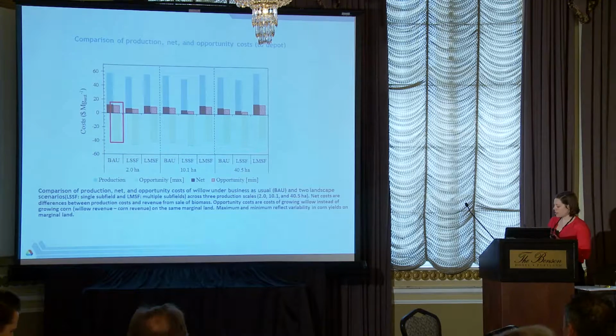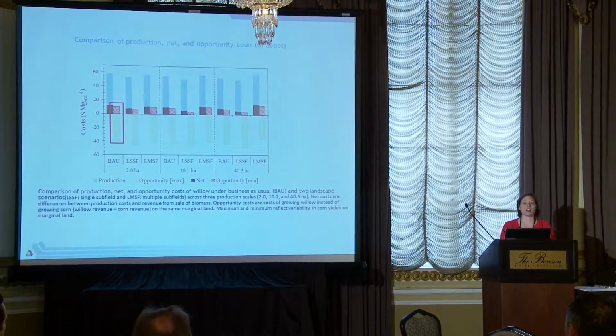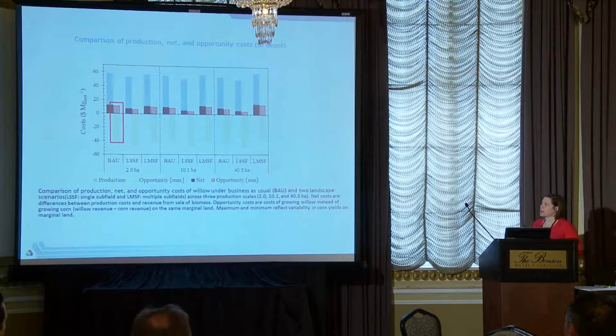Oh, I missed a step. Something that should have come up is you should notice that this blue bar here is our production costs, and this is our net revenue, which in this case is a cost in the end, because our revenue from production doesn't fully cover the cost for that production.